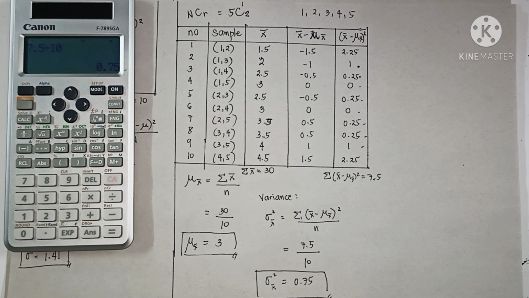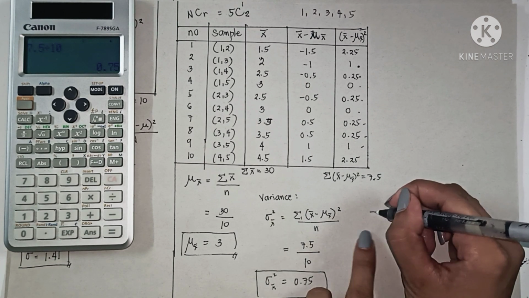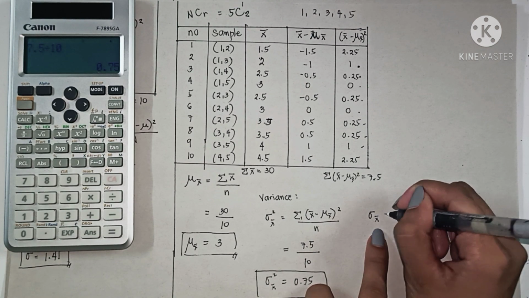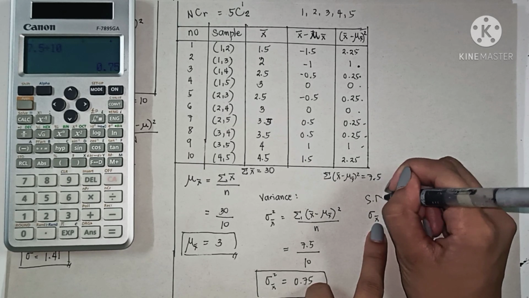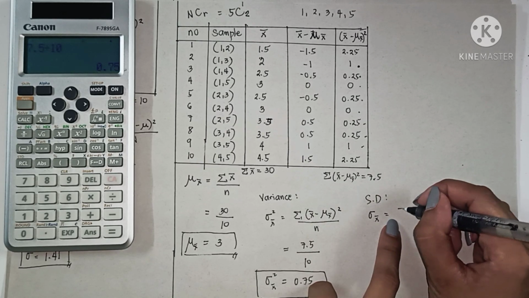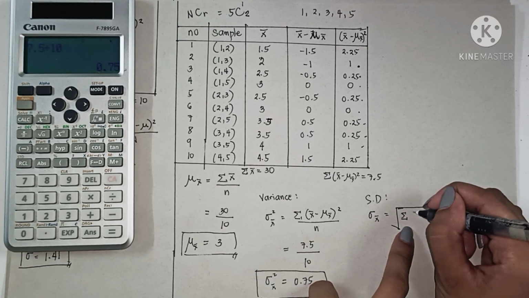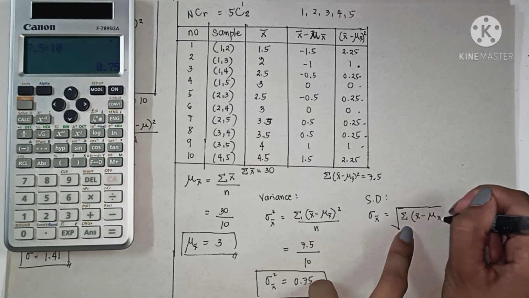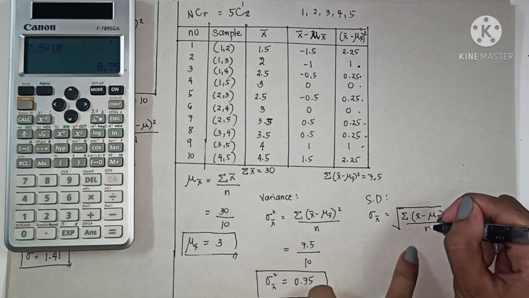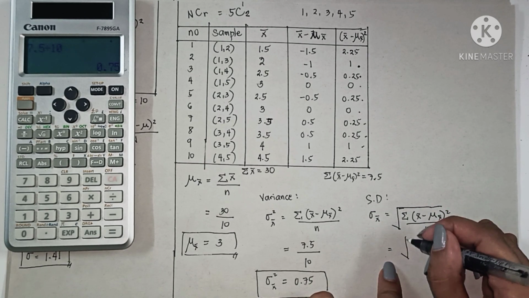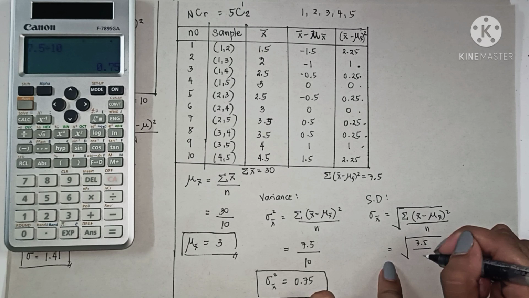How about the standard deviation? So for the standard deviation, sigma sub x bar, so SD, is equal to the square root of the summation of x bar minus mu sub x bar squared over n. So the square root of 7.5 over 10.